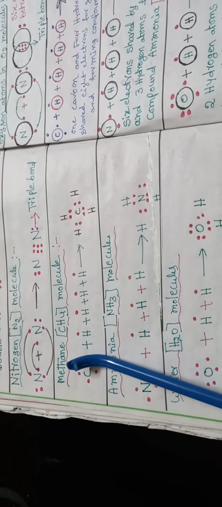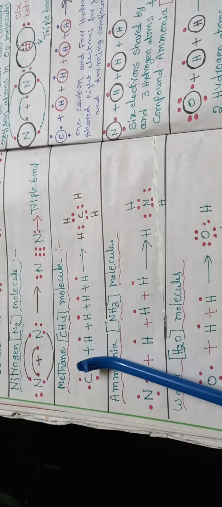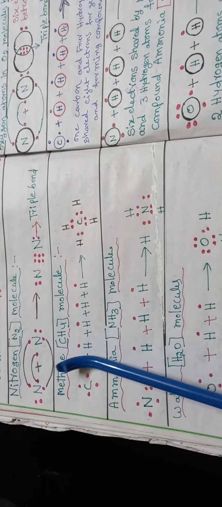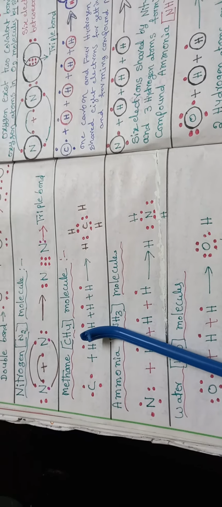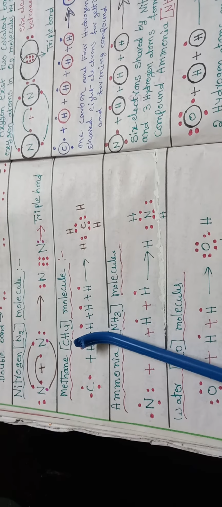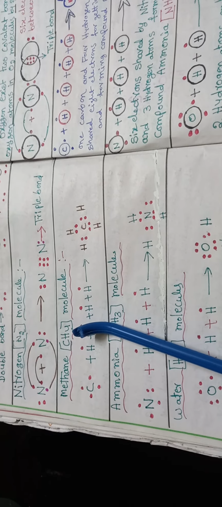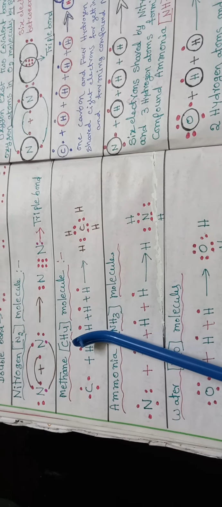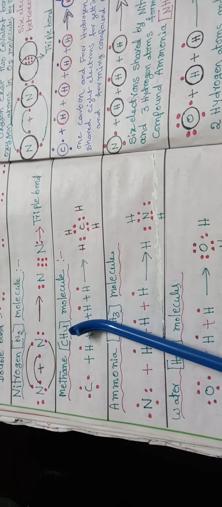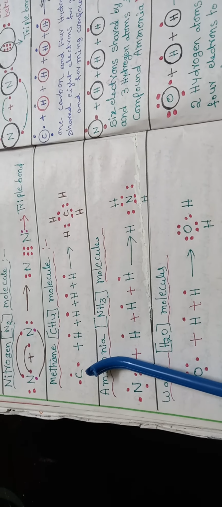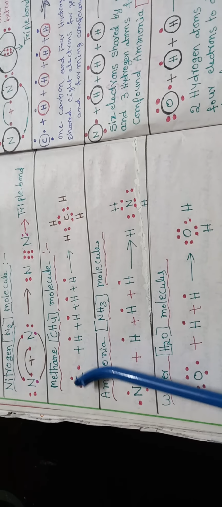Next one, methane. Methane means carbon and 4 hydrogen. So CH4. The formula of methane is CH4. C is the carbon element, H is the hydrogen element. One molecule of methane has 1 carbon and 4 hydrogens. How many valency electrons are there in carbon? 4 valency electrons.